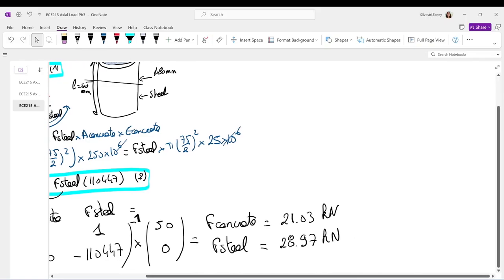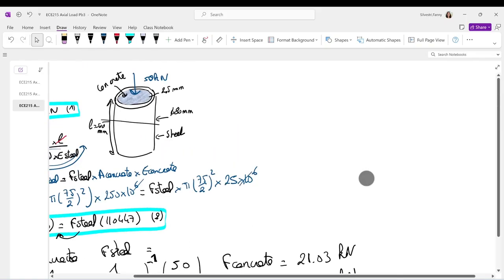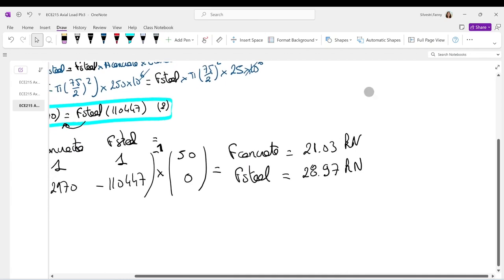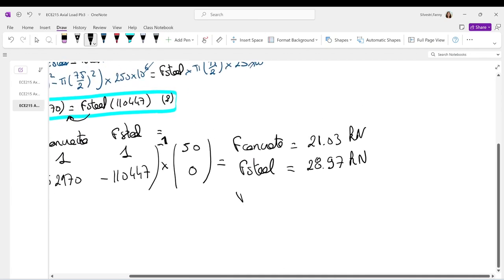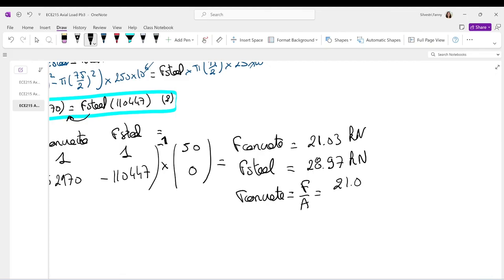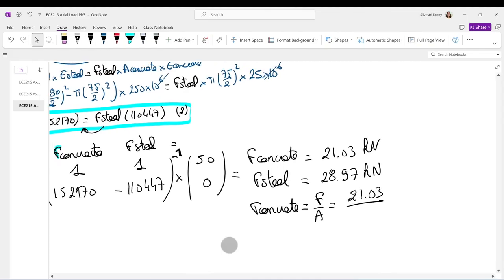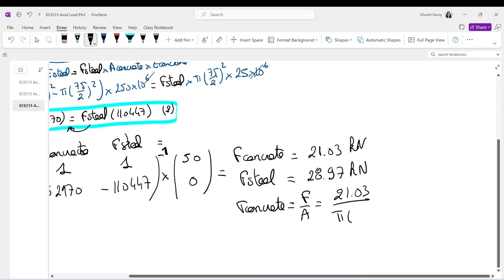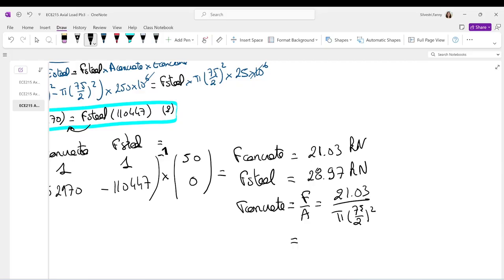To get the sigma from that, sigma in the concrete will be the force divided by the area, so that will be 21.03 divided by the area of the concrete, pi times 75 divided by 2 squared, and I have sigma concrete 4.76 MPa.